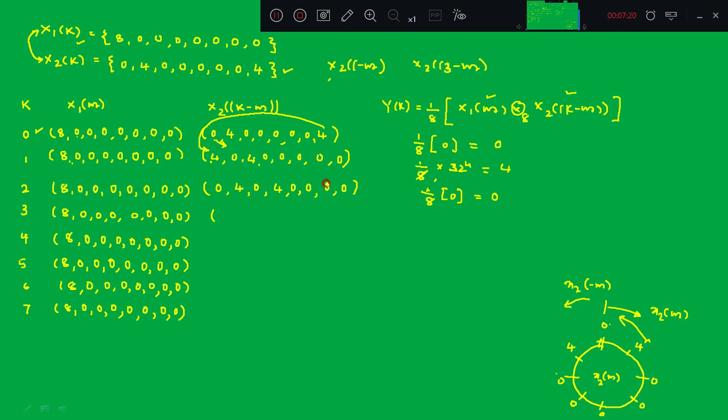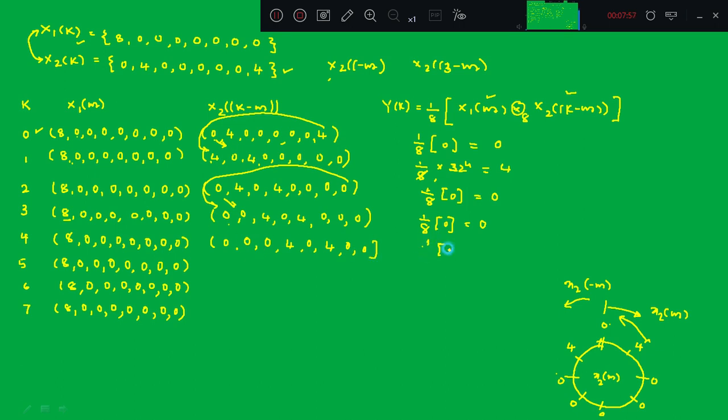Again this 0 comes here, and the sequence is 0, 0, 4, 0, 4, 0, 0, 0. You multiply and you will get 0 only.